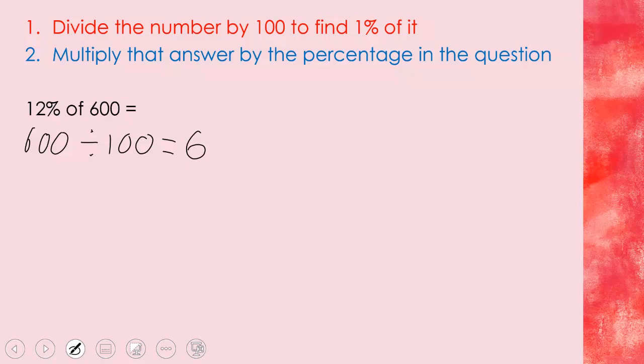Now, step 2, multiply that answer by the percentage in the question. 6, the answer, what's the percentage in the question? 12. 6 multiplied by 12 is equal to 72. Therefore, 12% of 600 is equal to 72. Pause the video now and have a go at this one on your own.